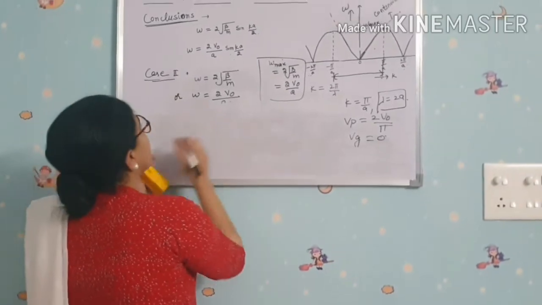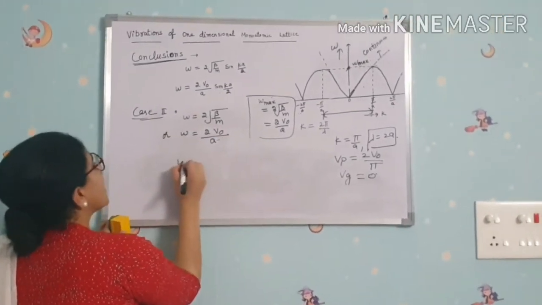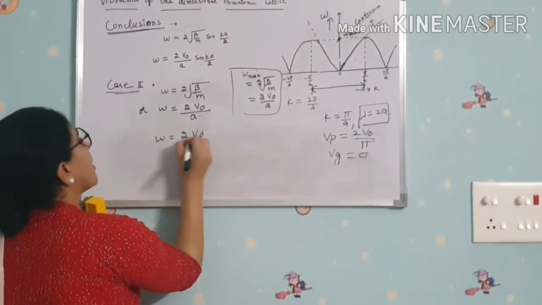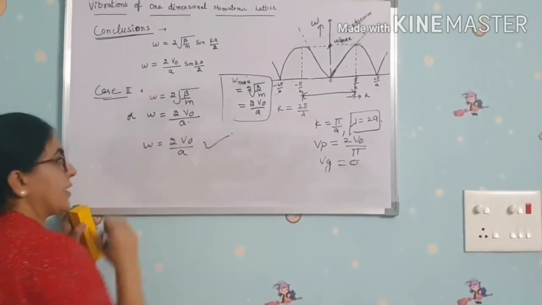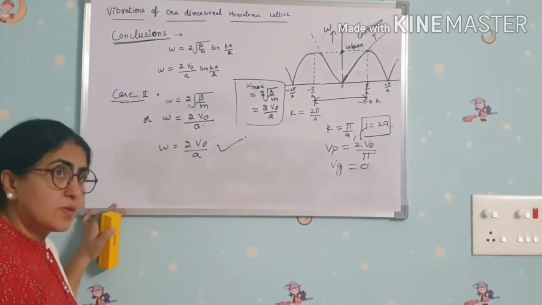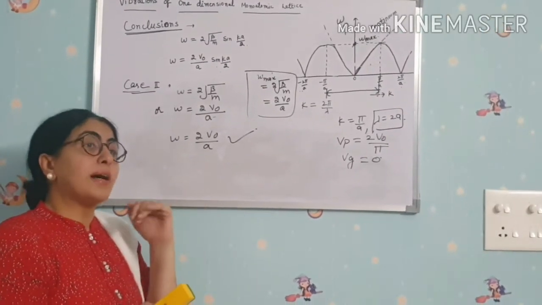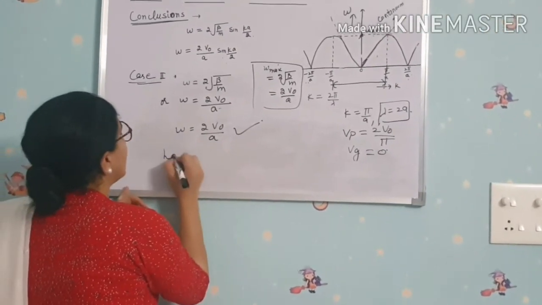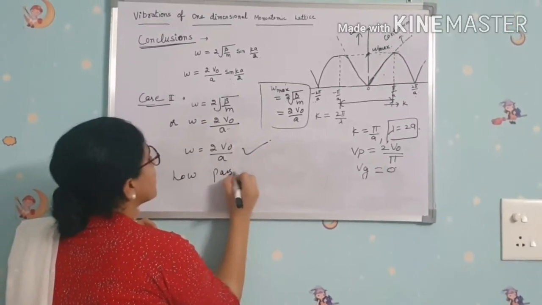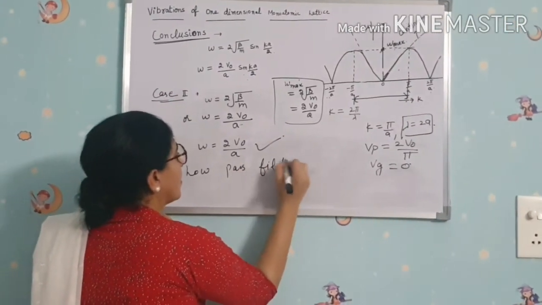Then omega is equal to 2 V naught upon a. This is also important. It means the lattice behaves like a low pass filter. How?